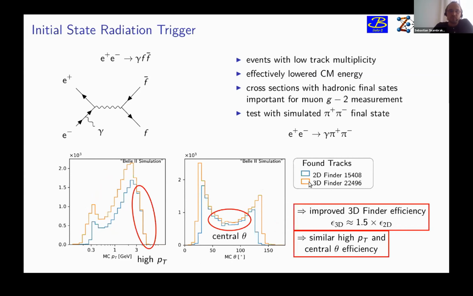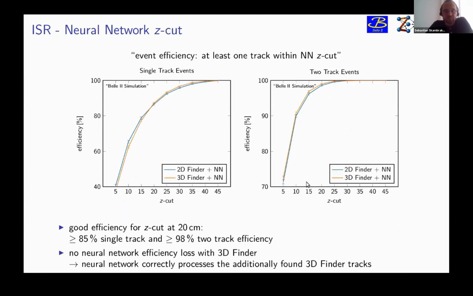If we now build an event-based trigger using the neural network estimates, we can also compare the 2D finder and the 3D finder. And now the event efficiency here means at least one of the tracks is found within the z-cut region of the neural network.